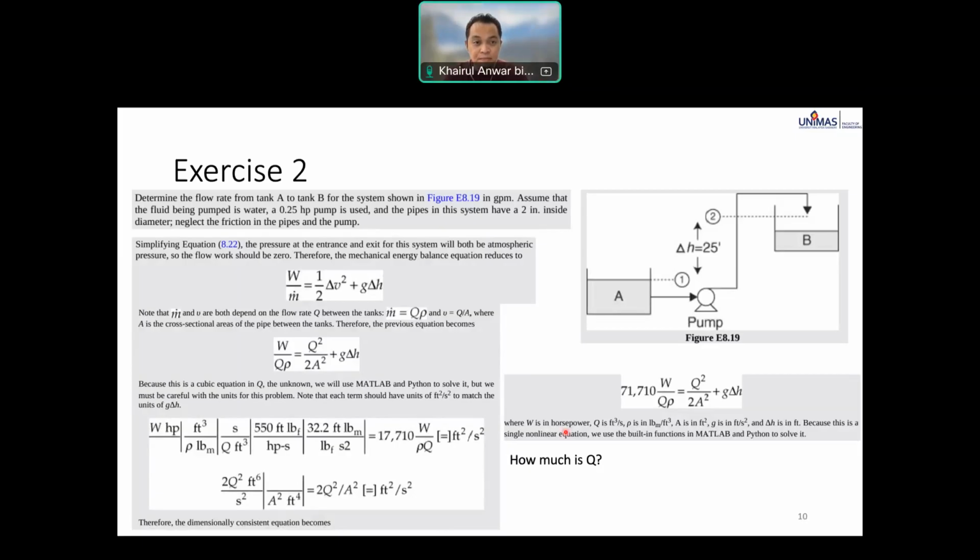How much is Q? So the answer based on this book is 0.3151.